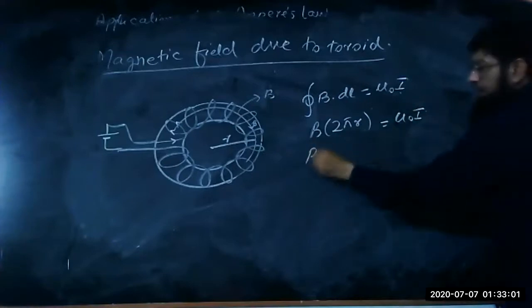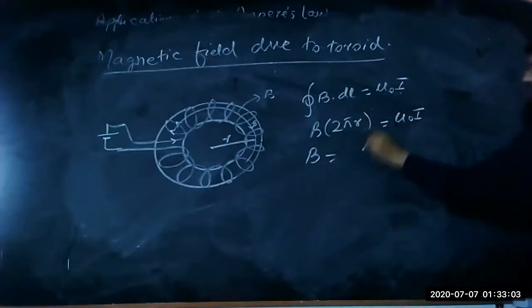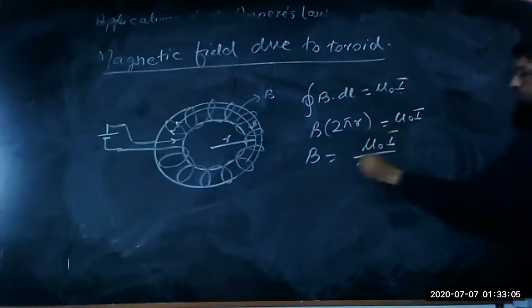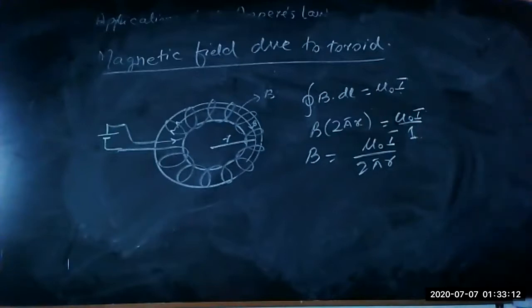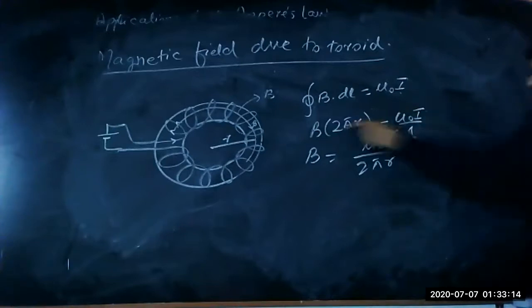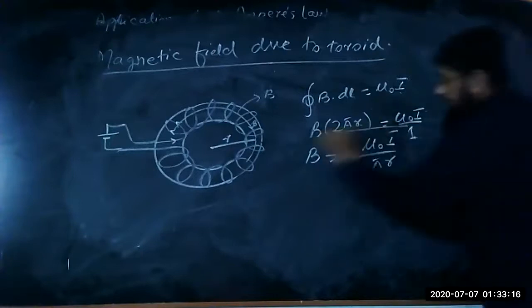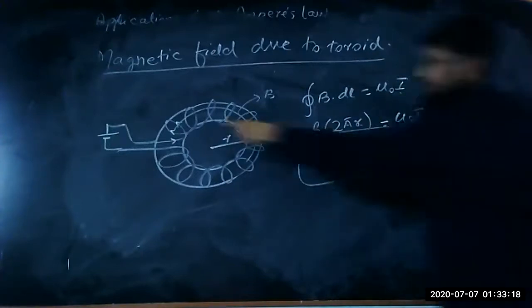So B, by using cross product, gives you mu naught I over 2 pi r. So B is equal to mu naught I over 2 pi r. This is the magnetic field due to the one turn.